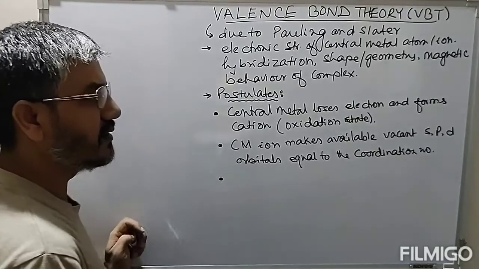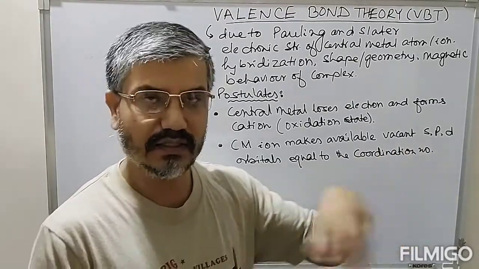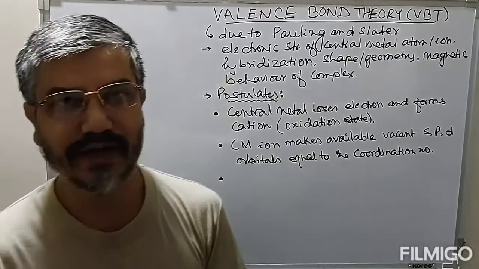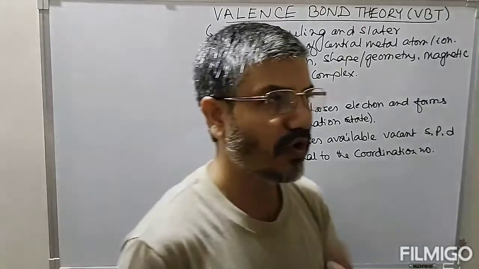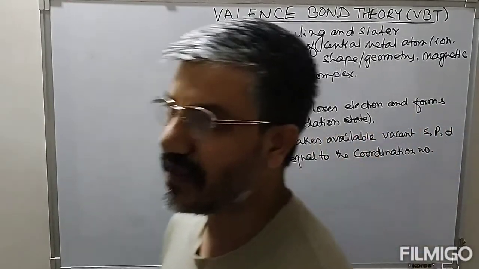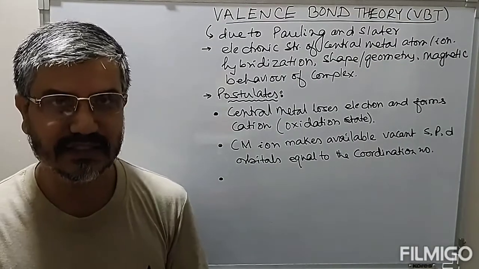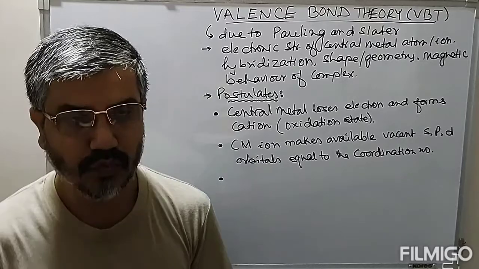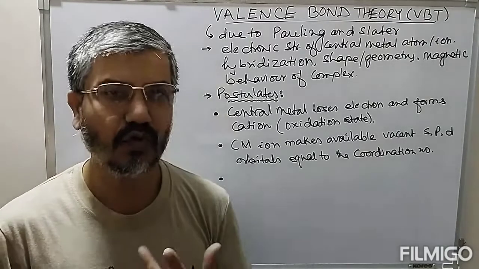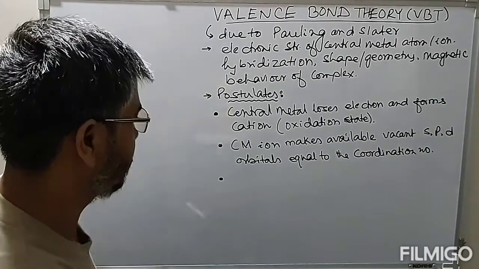Next, these vacant orbitals of the central metal undergo hybridization to form an equal number of hybrid orbitals, and these hybrid orbitals are equivalent in energy and directional in nature, meaning the hybrid orbitals are directed in space in such a way that the distance between the hybrid orbitals is maximum, or the repulsion between the hybrid orbitals is minimum.